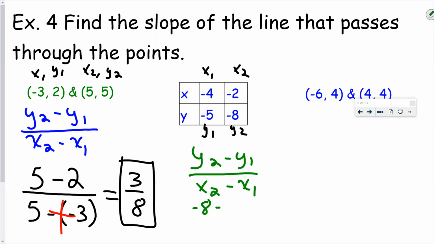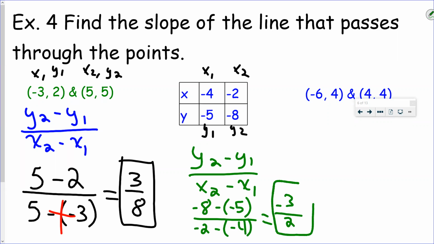So -8 minus -5, all over x2 is -2, x1 is -4. -8 minus a -5 is a -3. -2 minus a -4 is a +2. So this one has a slope of -3 over 2. We're using our slope formula to solve these.